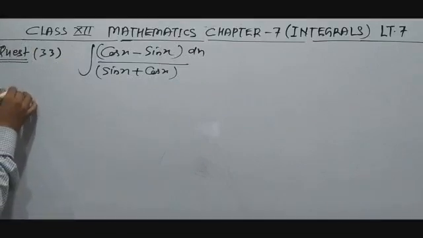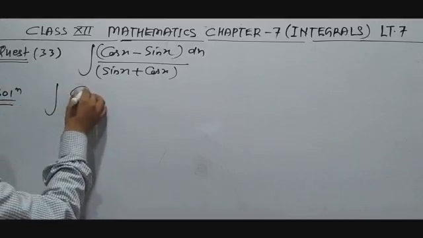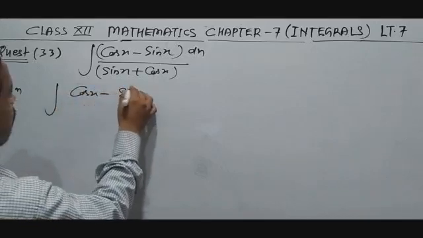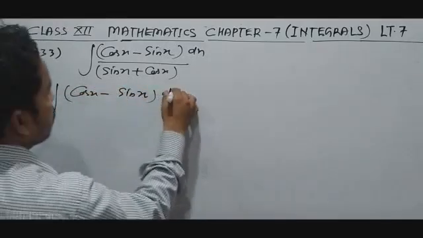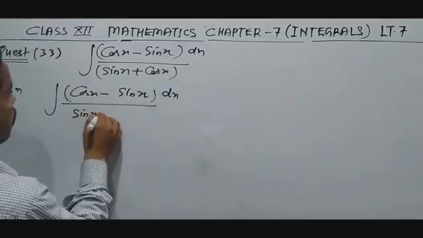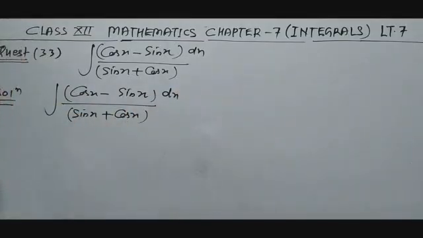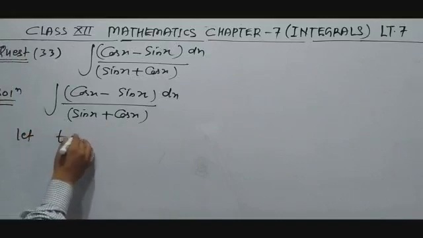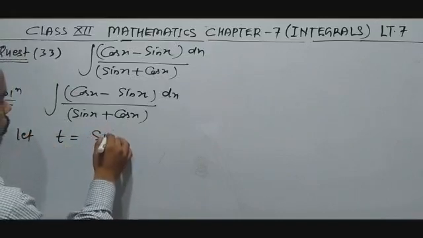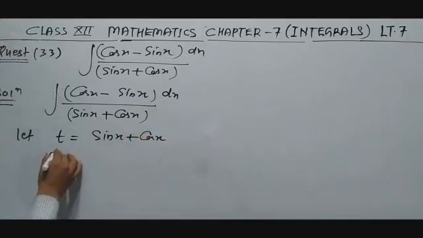So the solution is here. First of all, write the integral of (cos x minus sin x) dx whole upon (sin x plus cos x). Now let t be equal to sin x plus cos x.